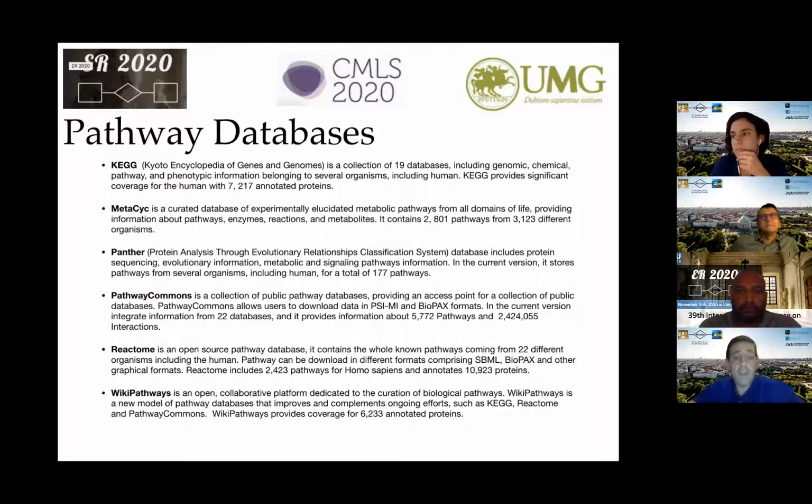After, there is Reactome, that contains pathways coming from 22 different organisms, including the human. And finally, there is WikiPathways, an open collaborative platform that tries to improve and complement the effort of databases like KEGG, Reactome, and Pathway Commons.